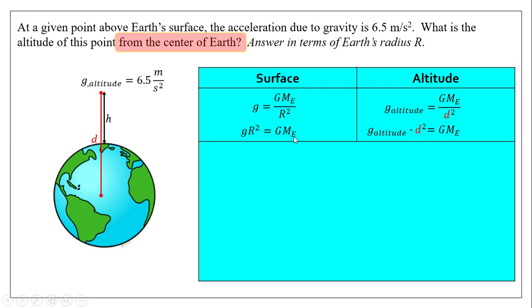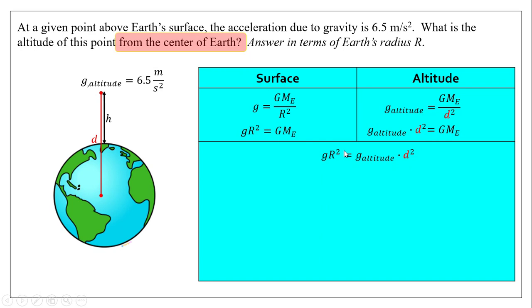Well, at this point, I have two statements that represent G M Earth. So what I want to do is set the two functions equal to each other, right? Because they both represent capital G and M Earth. But once I do that, it's easy to find d because, well, I know what g is at the surface of the planet. That's 9.8.